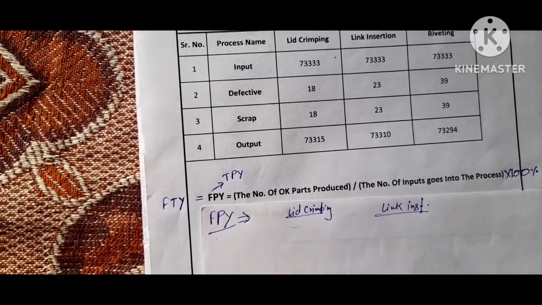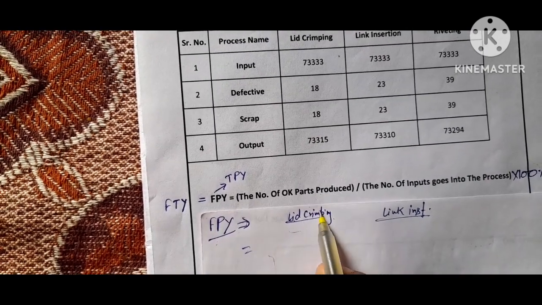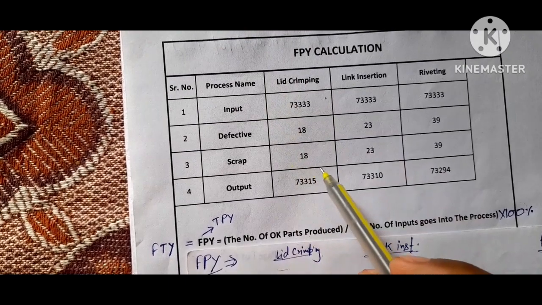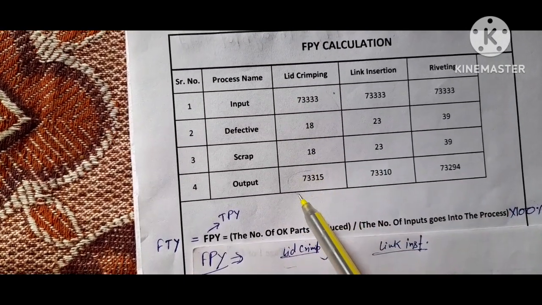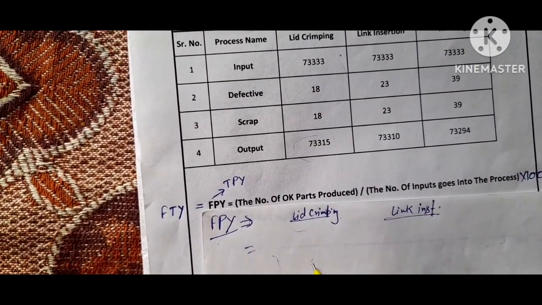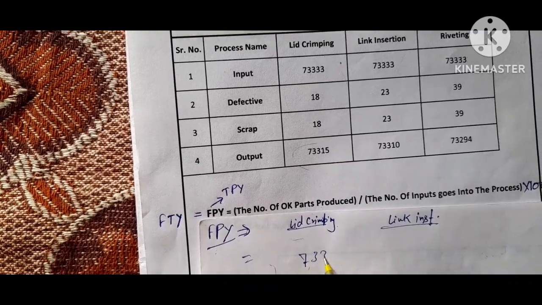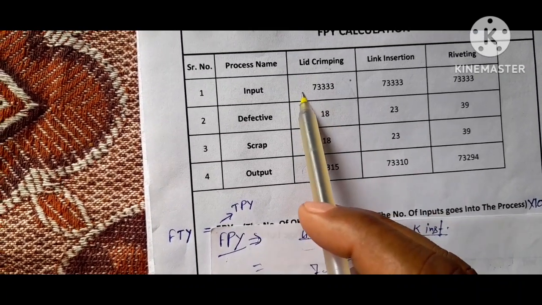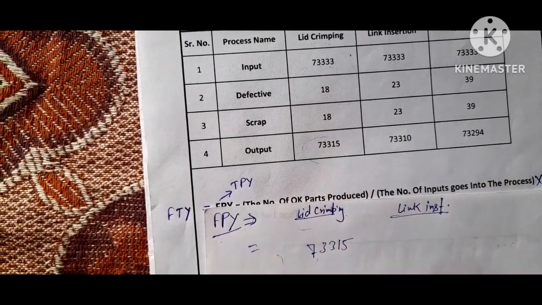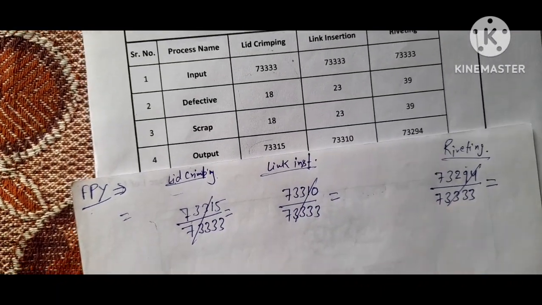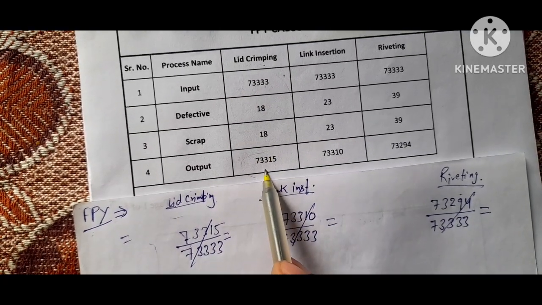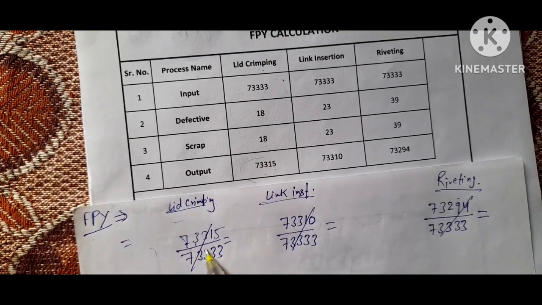FPY equals OK parts produced divided by input. For lead crimping, the OK parts are 73315, divided by the input parts.